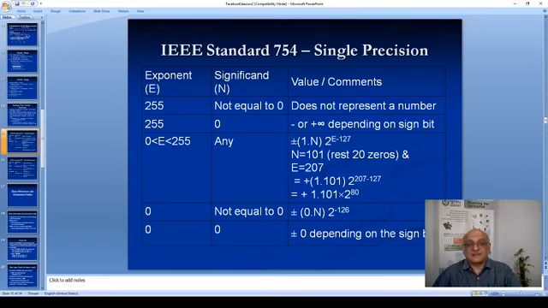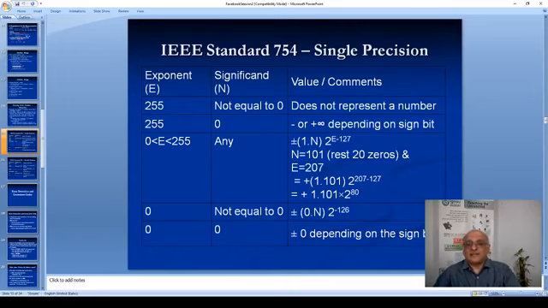Now, interestingly, in this particular case, the exponent is going to be biased, and that is what we will see slightly later. With an 8-bit representation, our exponent value can be 0 to 255. Now if the exponent is 255 and the mantissa is not equal to 0, then we say that it does not represent a number.